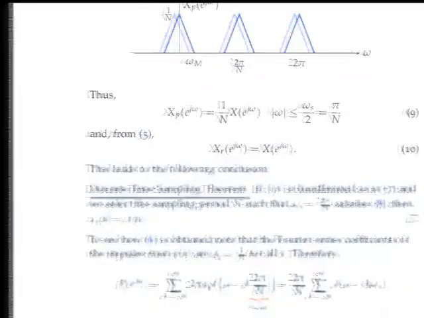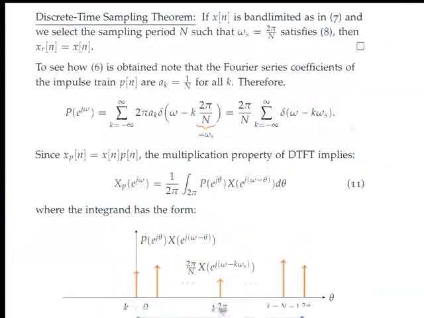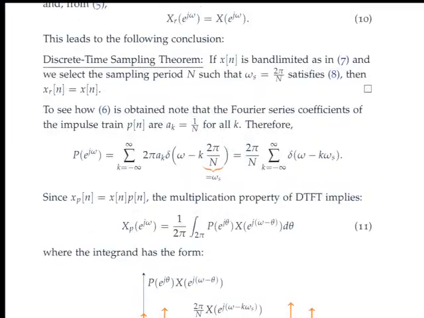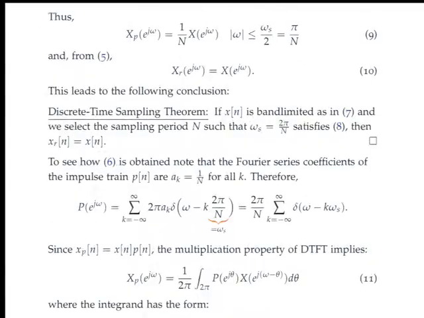Okay, so that's obtained from the convolution property because we obtained xp by multiplying x with the impulse train. That means we convolve their Fourier transforms in the frequency domain. So look at the notes, you'll see why that follows, but the important part is the sampling theorem. All right? No questions?